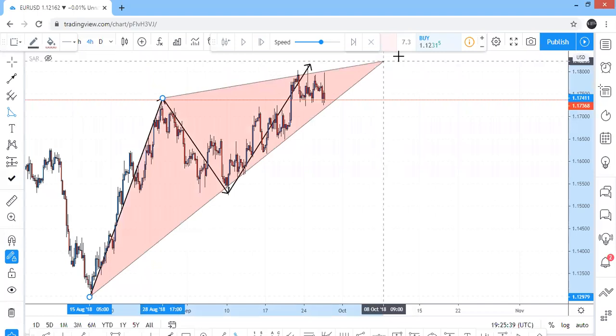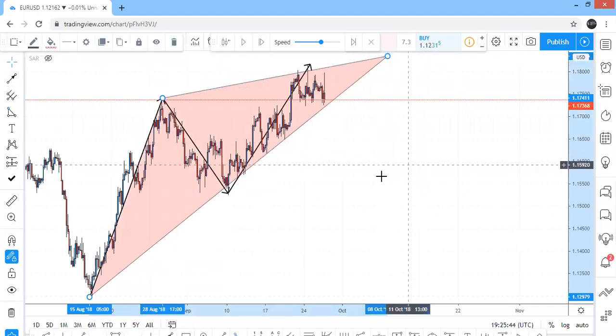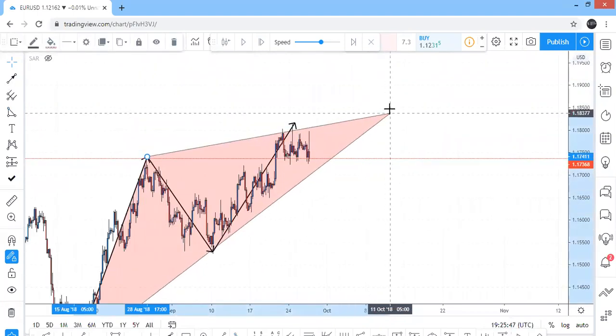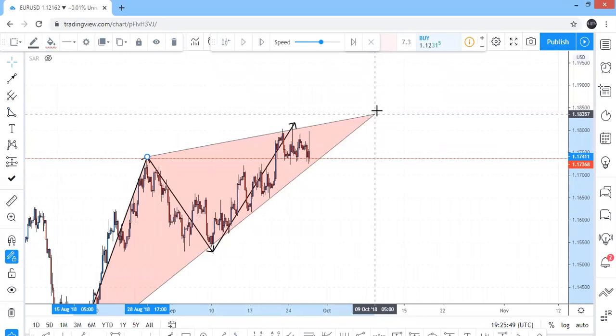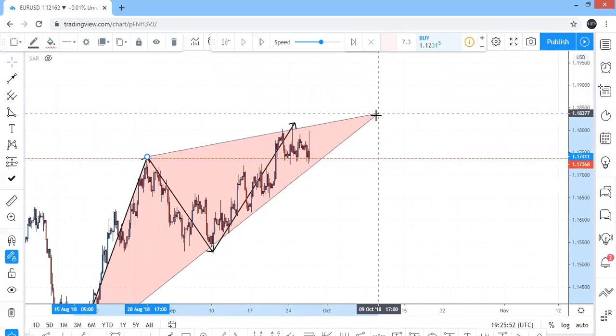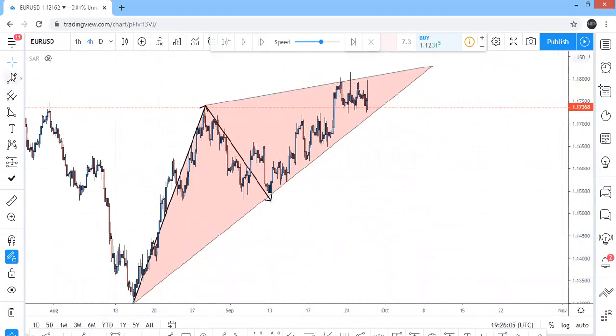You have to try your best to contain as much of it as possible because your projection will count on it. So a few wicks here and there, that's fine, but you don't want to have any bodies that are outside. So I think this is okay. Rough example, all right? So now you see that there is a wick poking out of the top of the triangle.